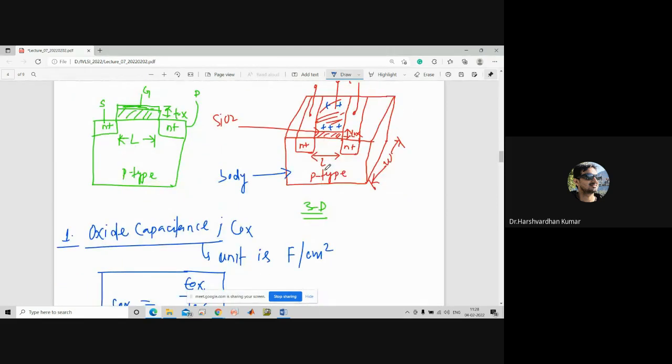So you will still get the same capacitance, because there is no formation of a channel here. If VGS is not greater than VTH, there will be no channel, only a depletion region. So you get the same capacitance as the oxide capacitance.